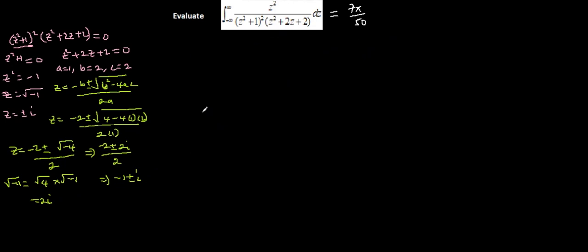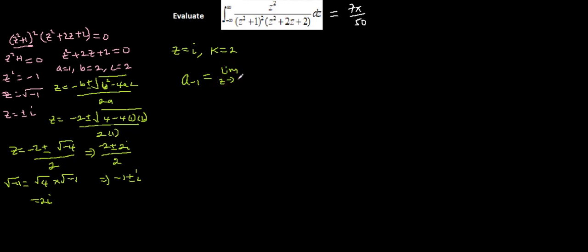First of all, we are going to be looking at z equal to i, that is the pole i, and we'll be taking the order, which is k, to be equal to 2. So we have our pole to be z equal to i and our order to be 2. Let's substitute this into the residue formula.